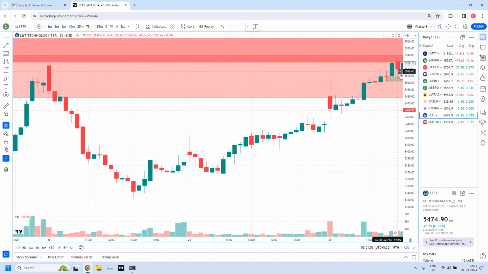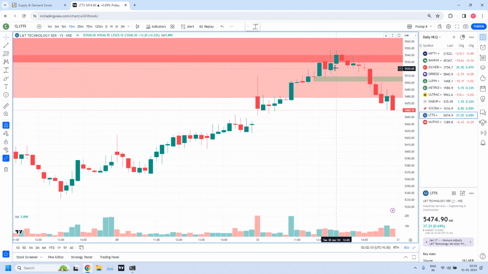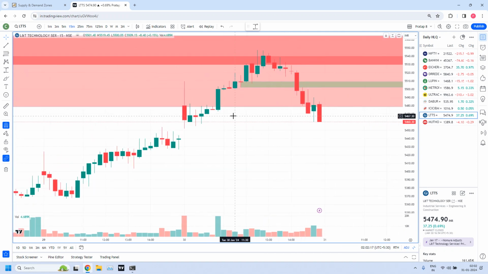Anyway, it's a very short target, and it reached the target. I think we got around 4,200 rupees profit in this stock, which is only a 2% return on the investment. But see what happened after that. This zone is pierced, and after that, prices reached the next 15-minute target.